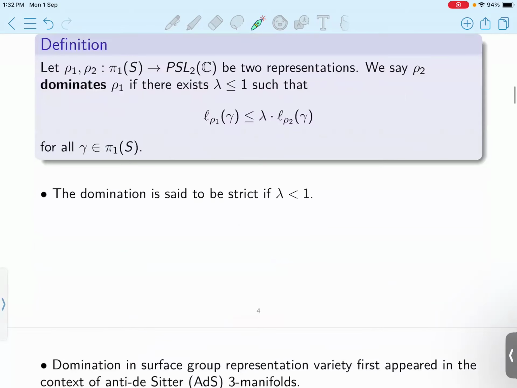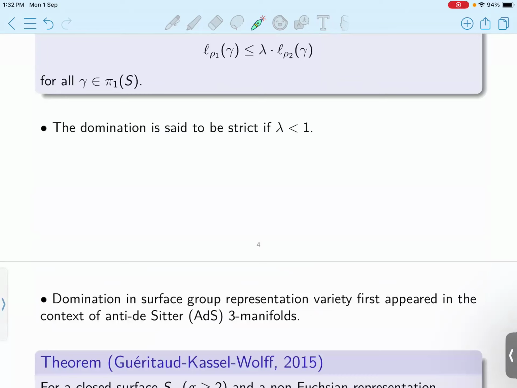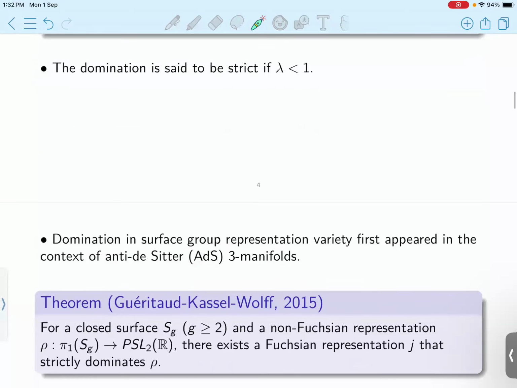Now, domination in the surface group representation variety first appeared in the context of AdS 3-manifolds, anti-de Sitter 3-manifolds. In 2015, Guéritaud, Kassel and Wolff first proved that for a closed surface S_g and a non-Fuchsian representation rho from pi1 S_g to PSL2R, there exists a Fuchsian representation j that strictly dominates rho.